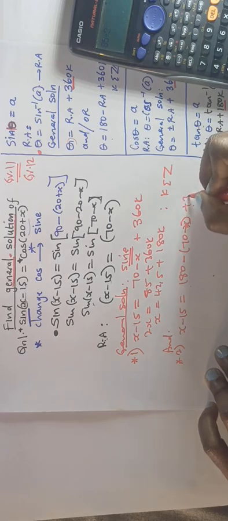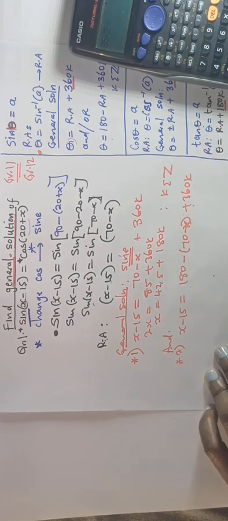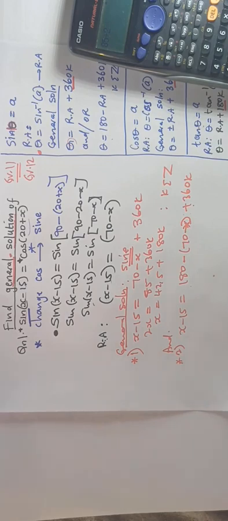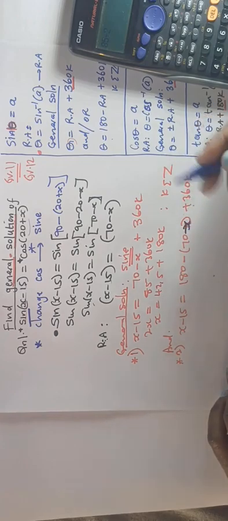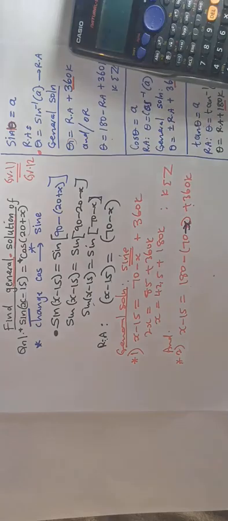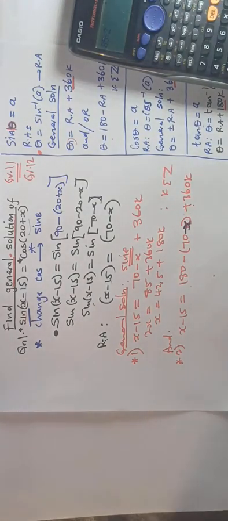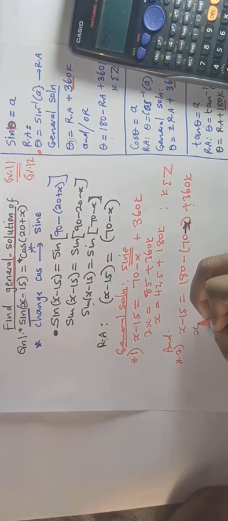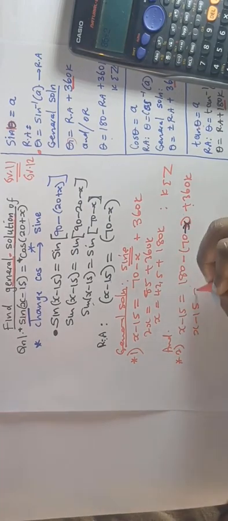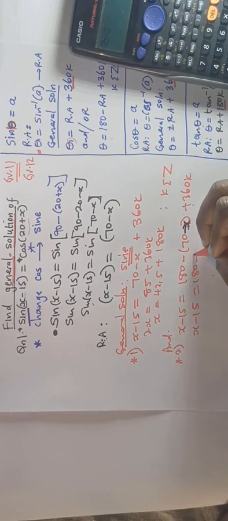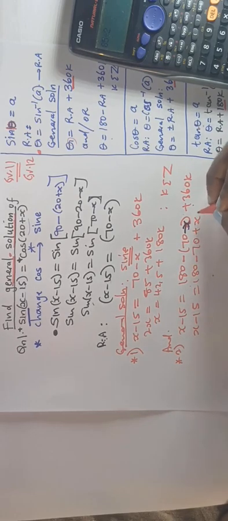Plus 360. So after that you make x subject of the formula. That one wasn't looking neat. So I do algebra. I have x minus 15 giving me 180 minus 70 plus x plus 360.